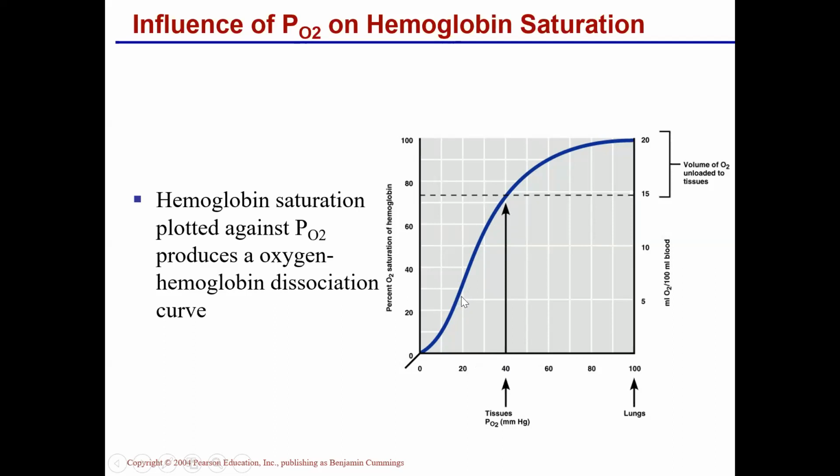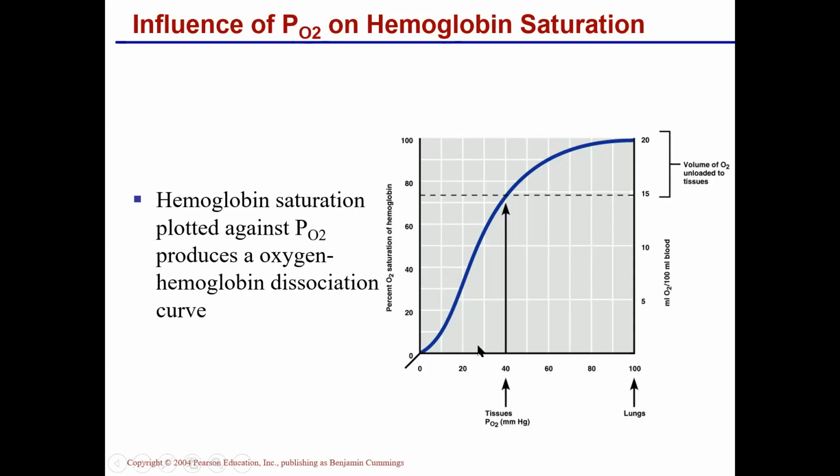But once you get above 80, let's use an example: at partial pressure 80, the saturation is about 95%. Around 100, the saturation is maybe 99%. So it's not a huge difference, maybe only a 4% difference.